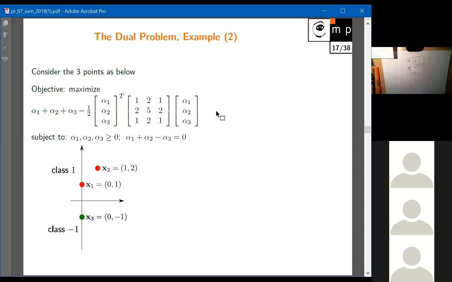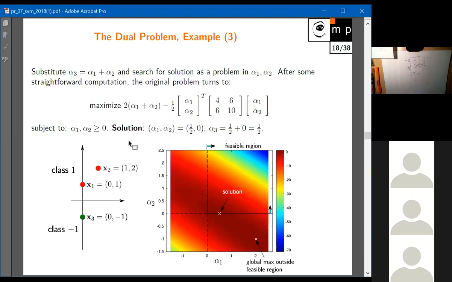And we are trying to solve this quadratic function. We can substitute for alpha 3 with alpha 1 and alpha 2. The only thing we are looking for is these alpha 1, alpha 2, then alpha 3 will be computed later from alpha 1, alpha 2. This is a quadratic function in 2D, and we can find a solution.